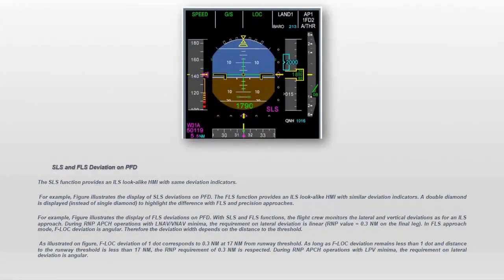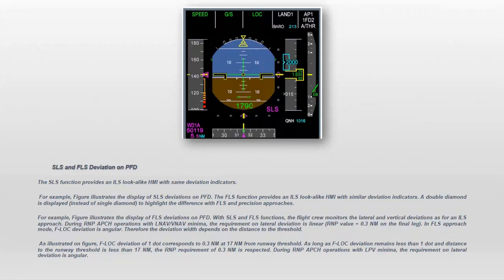SBAS landing system and FMS landing system deviation on PFD. The SBAS landing system function provides an ILS lookalike HMI with same deviation indicators. For example, figure illustrates the display of SLS deviations on PFD. The FLS function provides an ILS lookalike HMI with similar deviation indicators.